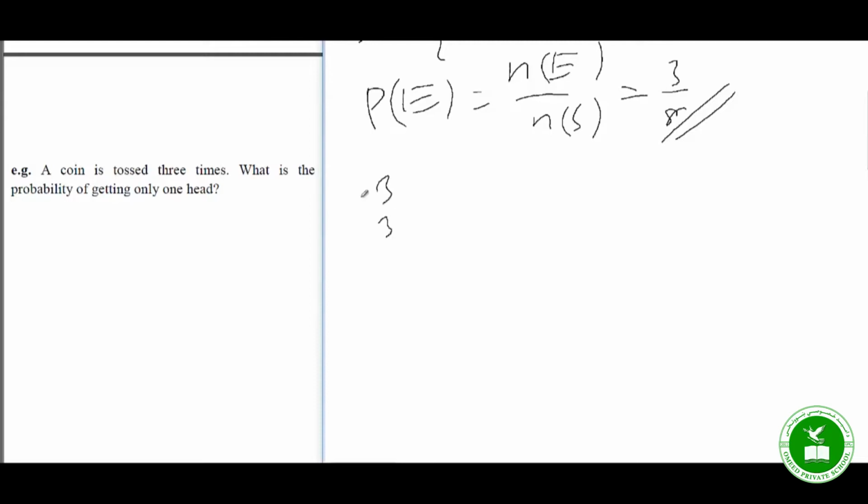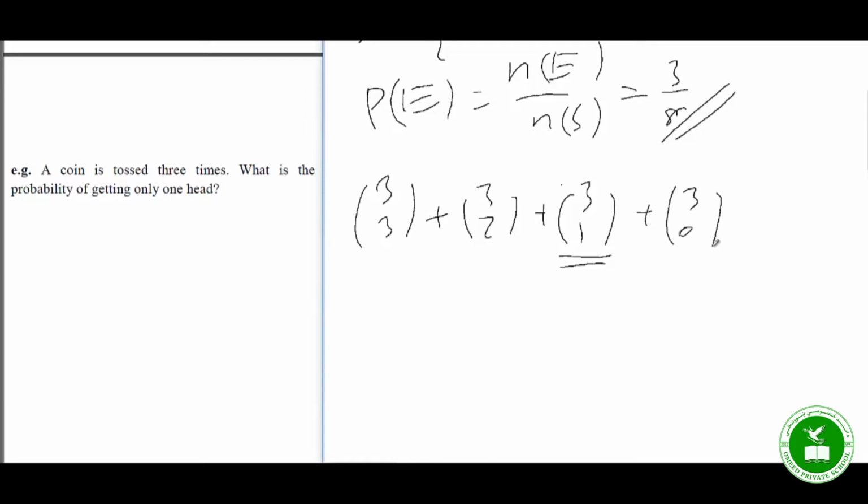It means if we toss 3 times, 3 of them can be head, plus 2 of them can be head, combination of 2 from 3, plus 1 of them can be head, 1 from 3, plus none of them can be head, 0 from 3. If we calculate them, this will be the number of sample space, equal to 8.